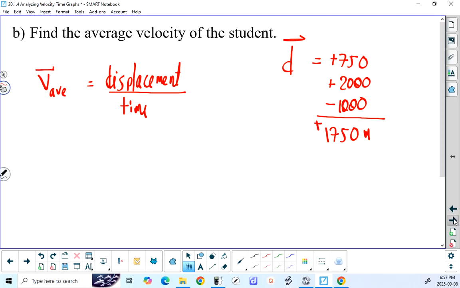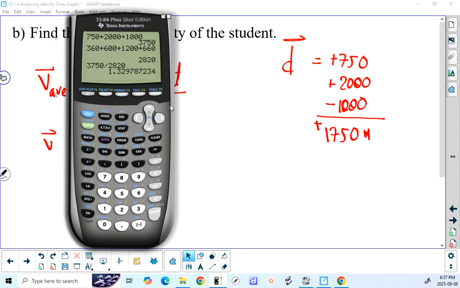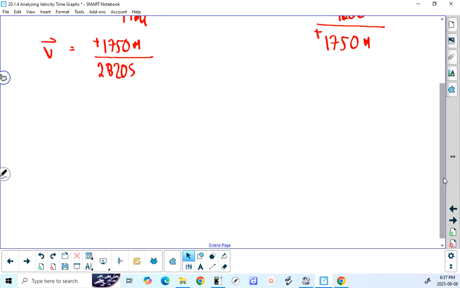So what is the average velocity? It's positive 1,750 meters. The time is still, I think it was 28:20 seconds. Let's see what happens now. So 1,750 divided by the 28:20 gives me a measly 0.63 meters per second, and it's positive.